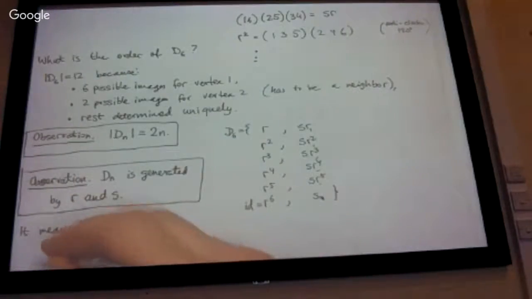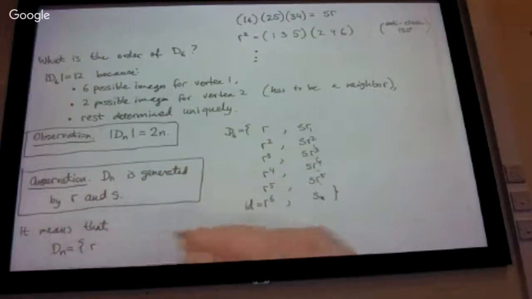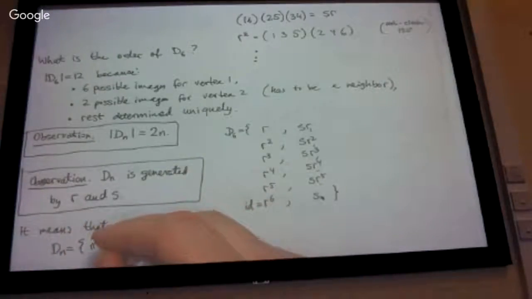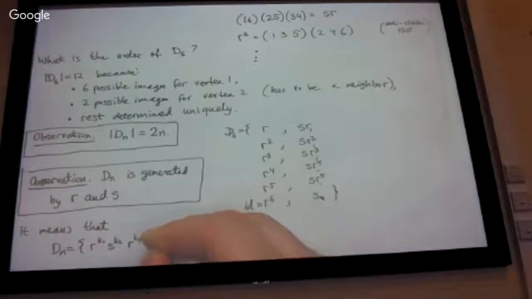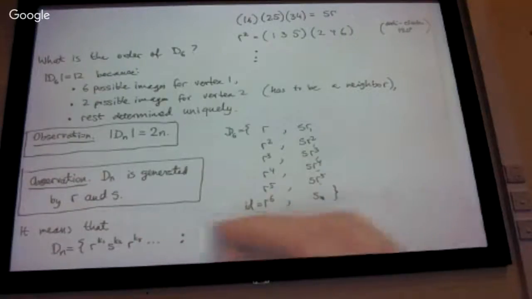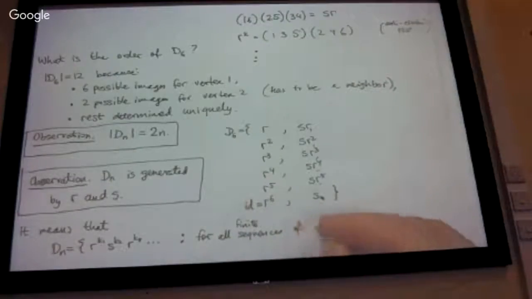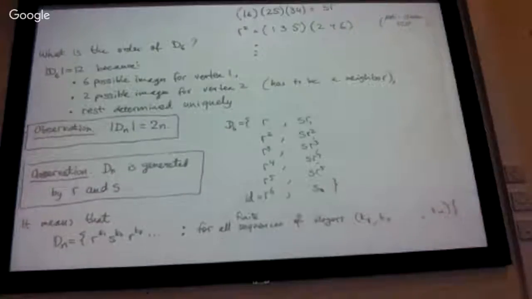So Dn is all the R to the K1, S to the K2, R to the K3, for all finite sequences of integers K1, K2, up to Kn.